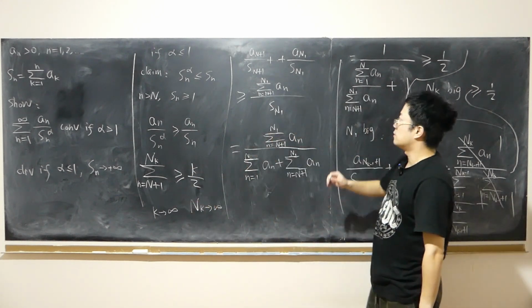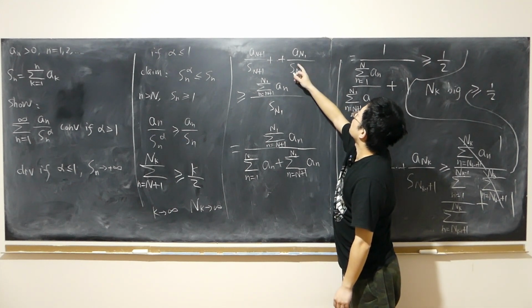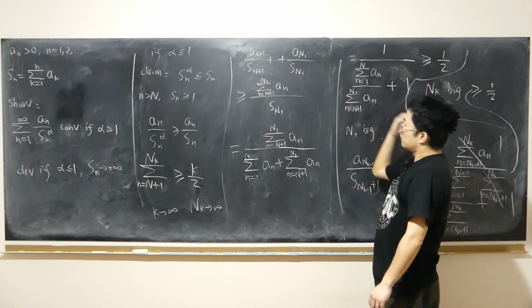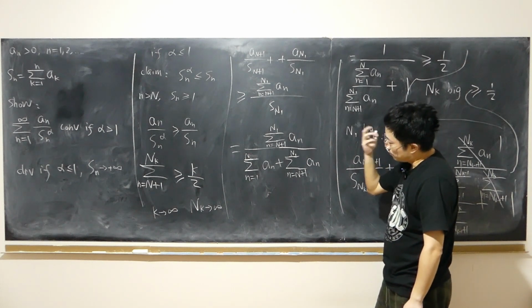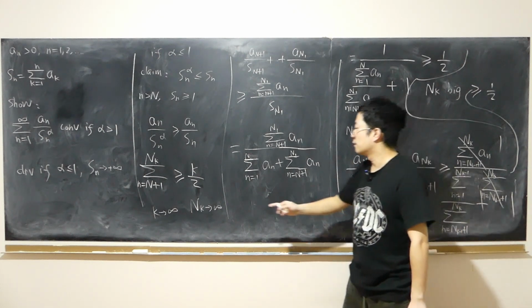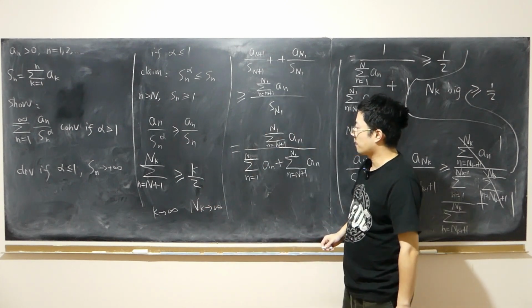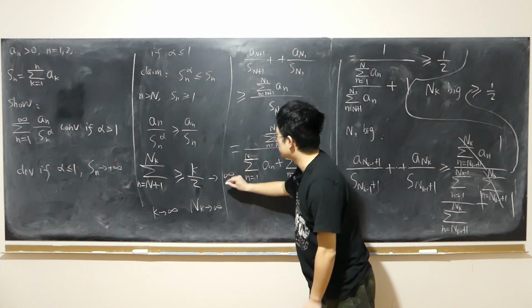This is obvious, right? Capital N1, of course, is bigger than 1, and capital N sub 2, of course, bigger than 2. Capital N sub k, of course, bigger than k, so of course approaches positive infinity.